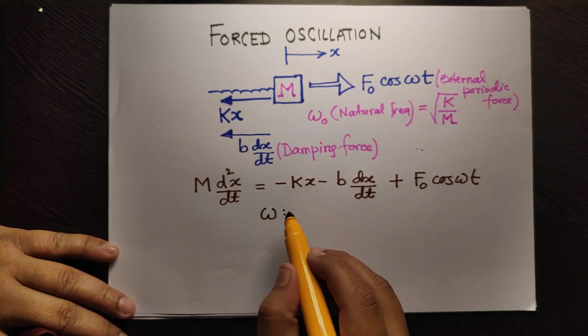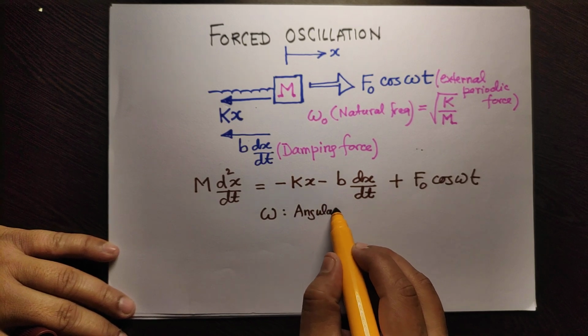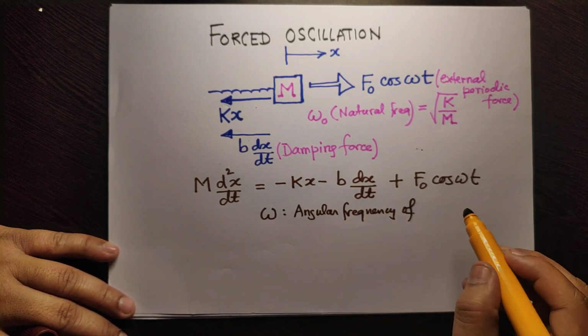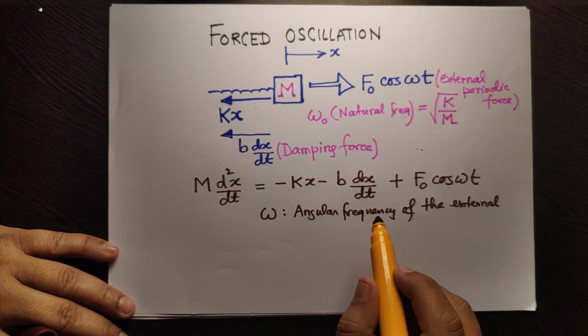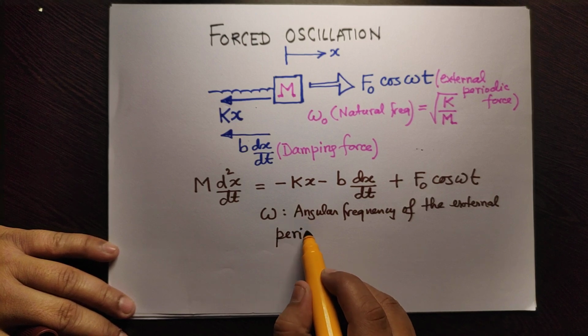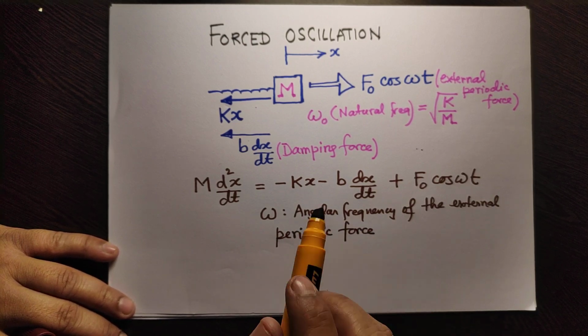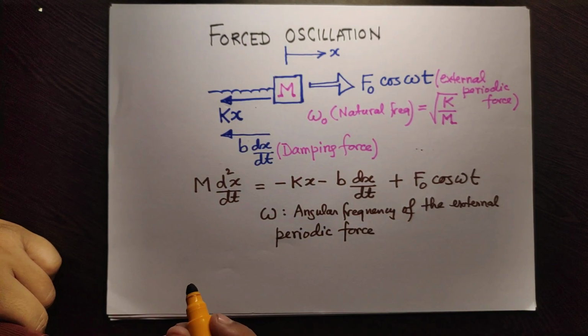This omega is the angular frequency of the external periodic force. Okay, so x was the displacement of the block.